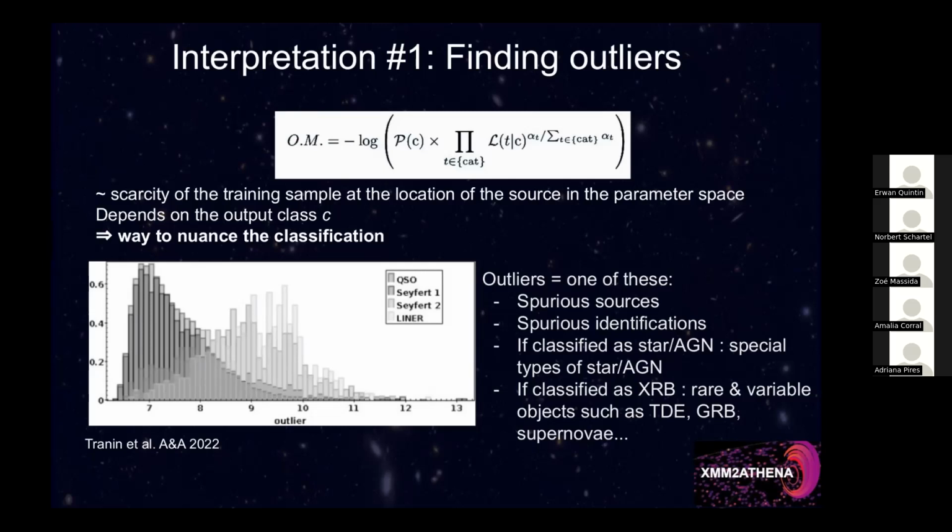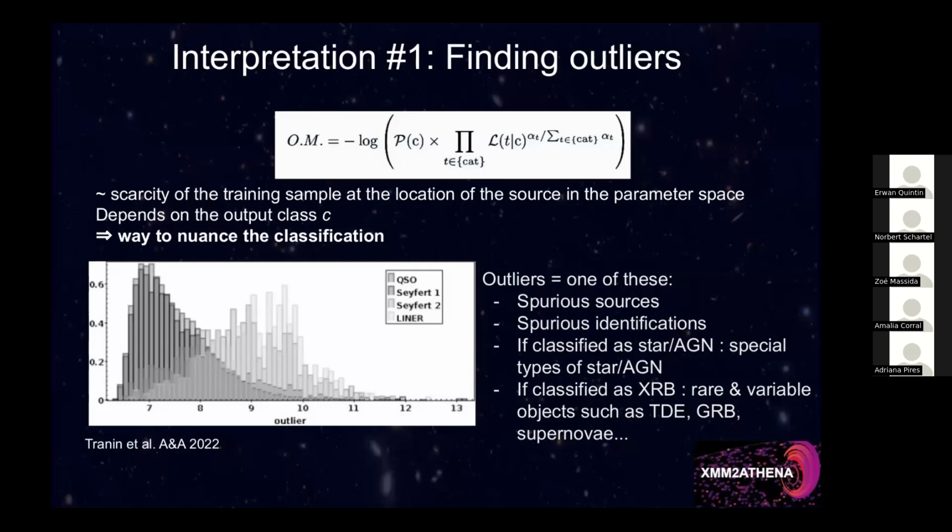And you can see, for example, here, the distribution of outlier measures for different types of AGN. Because the training sample was mostly quasars, the outlier measure of quasars is quite low, but you have also LINERs in this training sample, and the outlier measure for them is quite high.